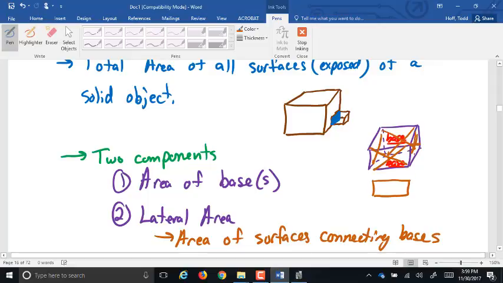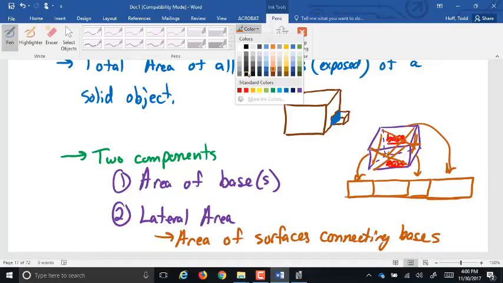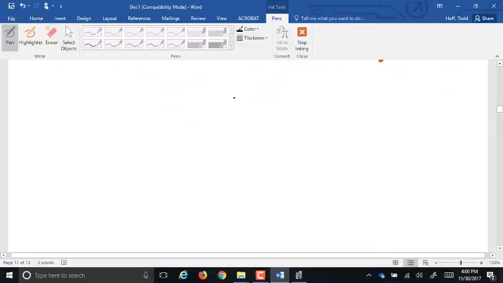So all of those rectangles make up the lateral area. So let's look at a box and talk about surface area.